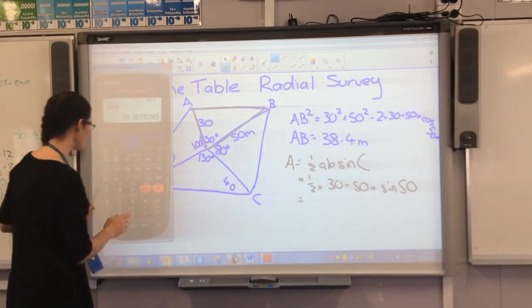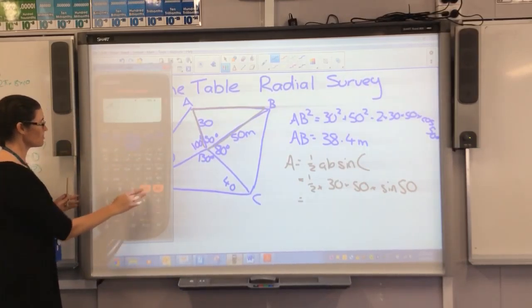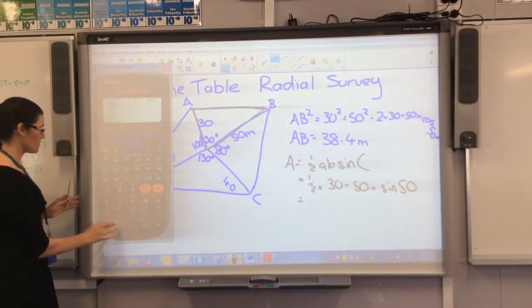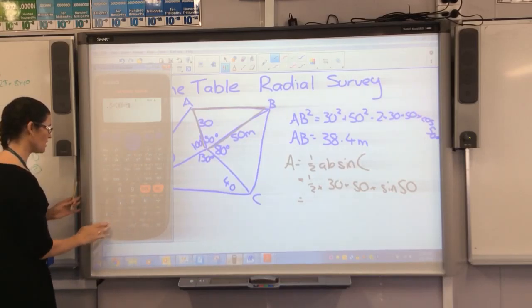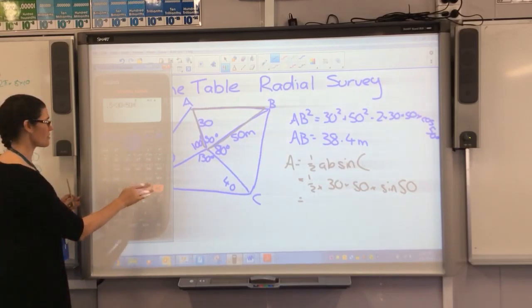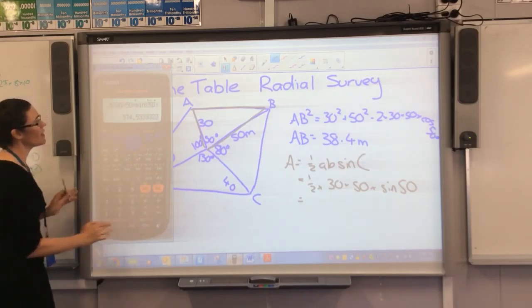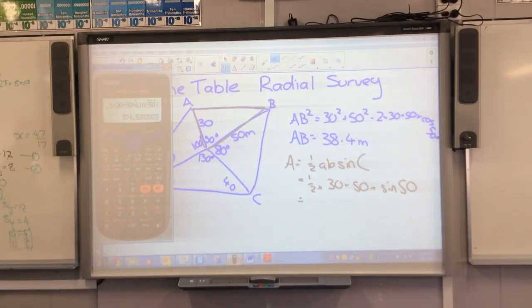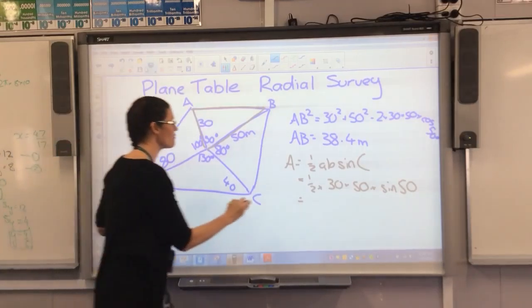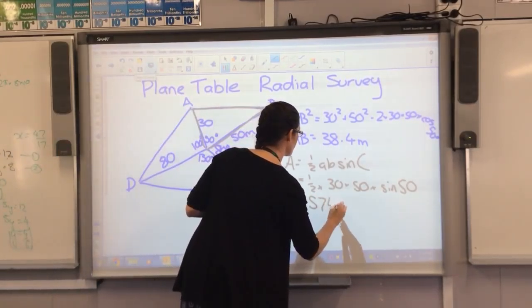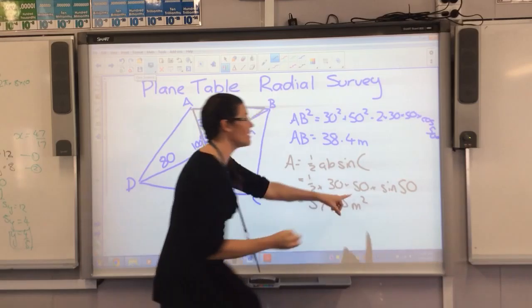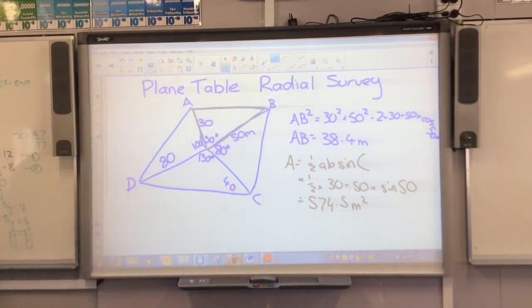So on the calculator, I do a half times 30 times 50 times sine 50, giving me an area to one decimal place of 574.5. Make sure your units are meters squared for area. And to find the area of the entire block of land, I would have to repeat that 3 more times.